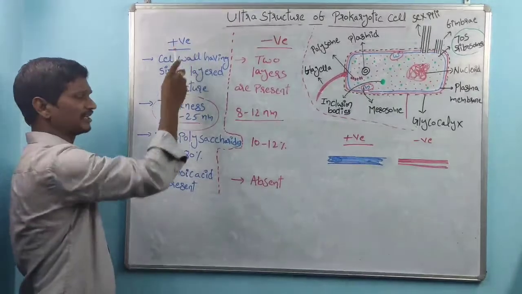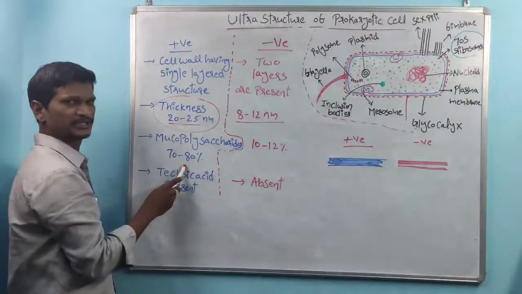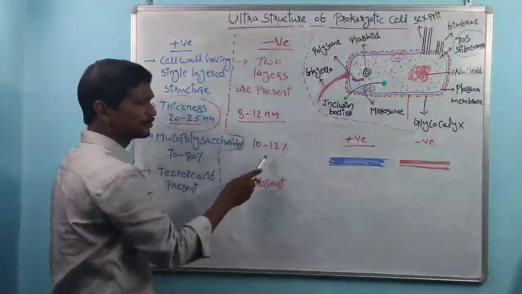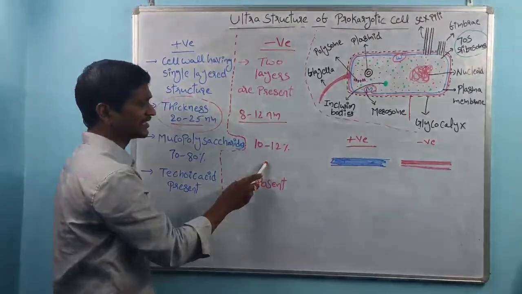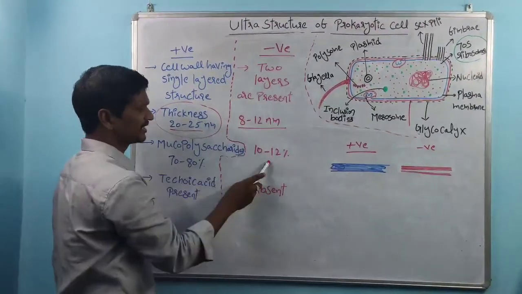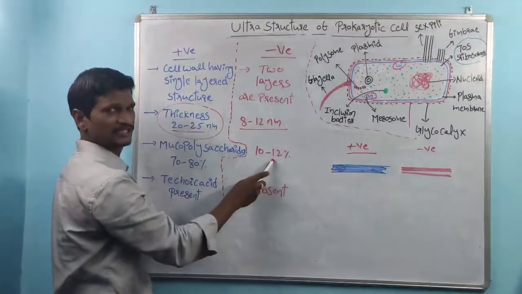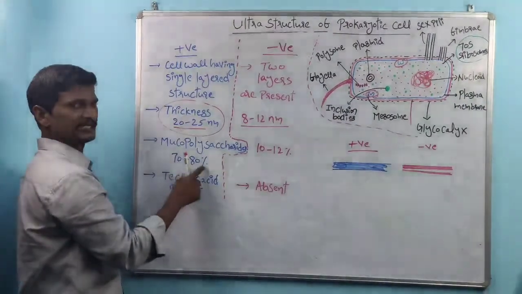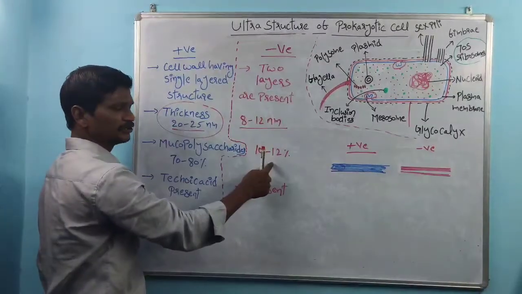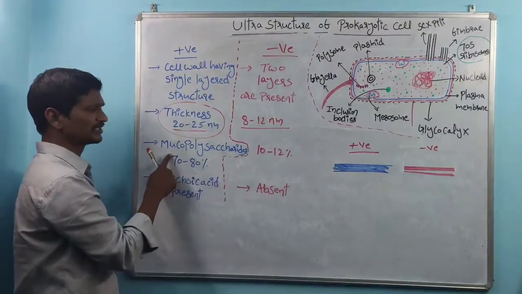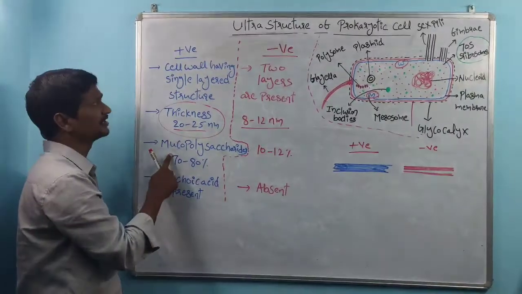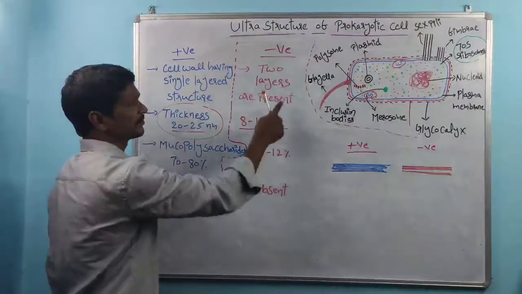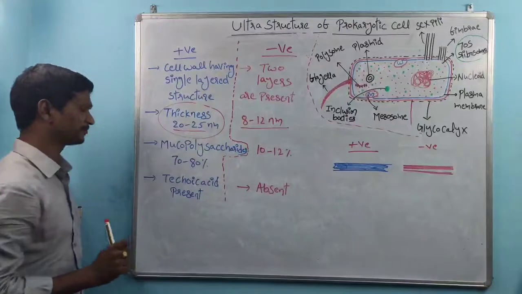And in gram-negative bacteria, the mucopolysaccharide percentage is 10 to 12%. So a higher percentage of mucopolysaccharides is present in gram-positive bacteria, and a lower percentage in gram-negative bacteria.